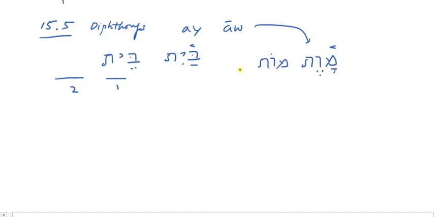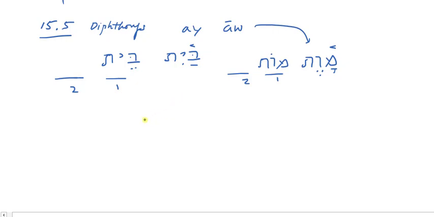So Mot Moshe, for example, the death of Moses. We lose the stress and the AW contracts to O. All right? So we saw those when these singular nouns became construct, and we're going to see the same kind of contraction happen when we add pronominal suffixes.